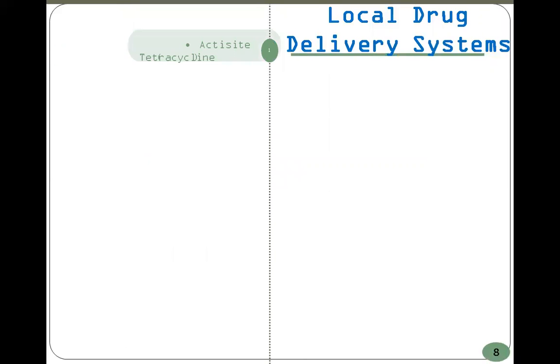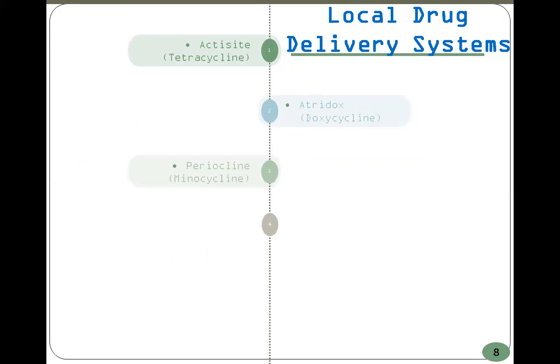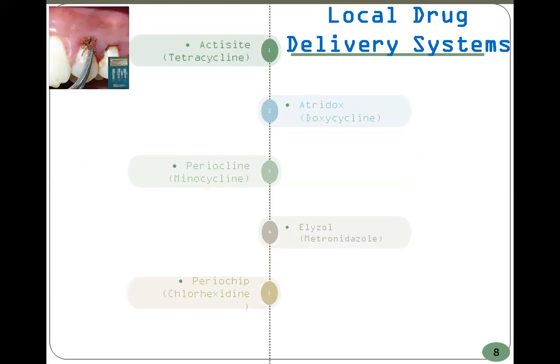We will talk now about the most famous types of local drug delivery systems. First of all, tetracycline, the trade name is Actisite, as you see here, like fibers inserted inside the pocket.